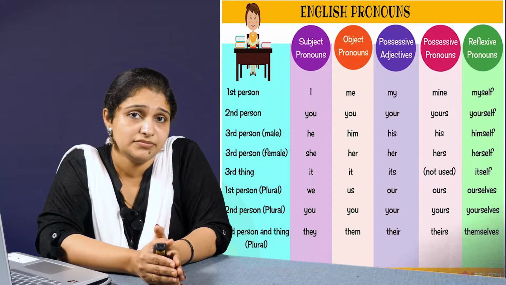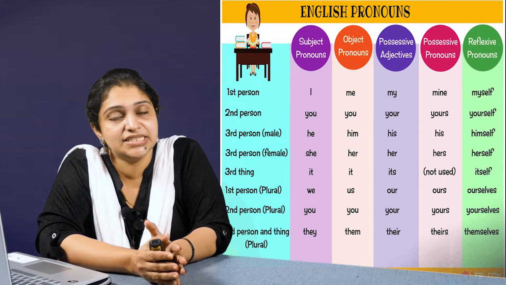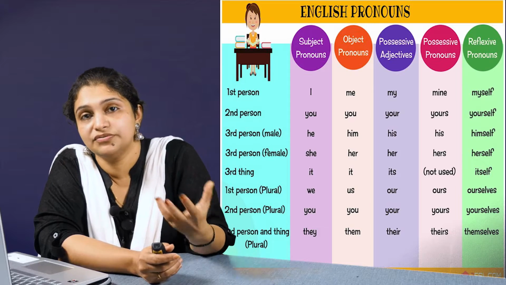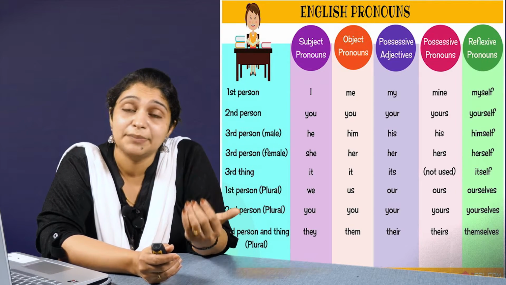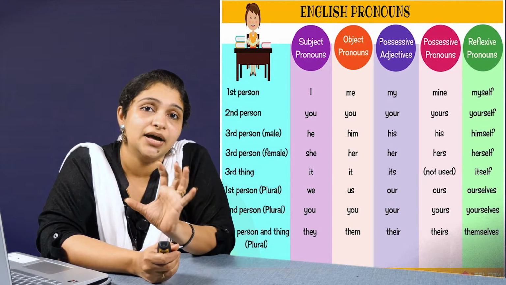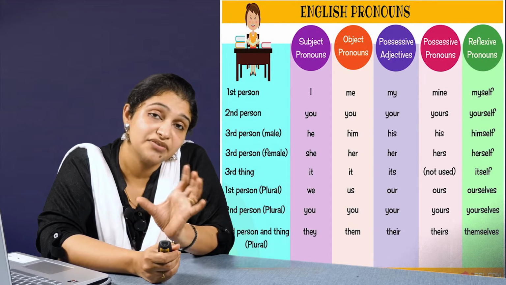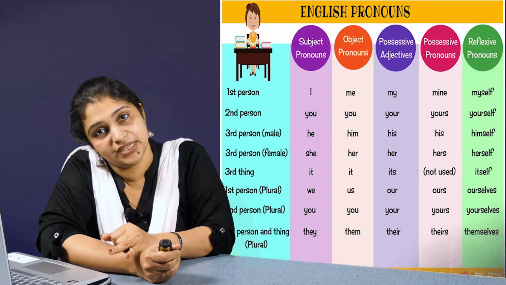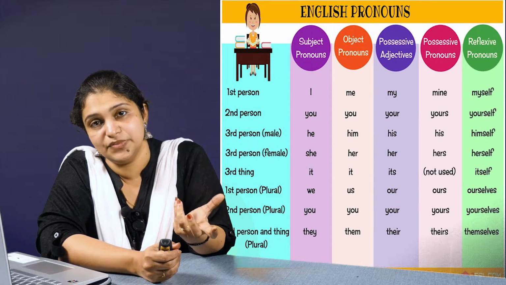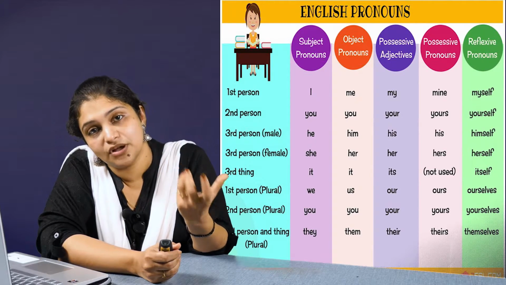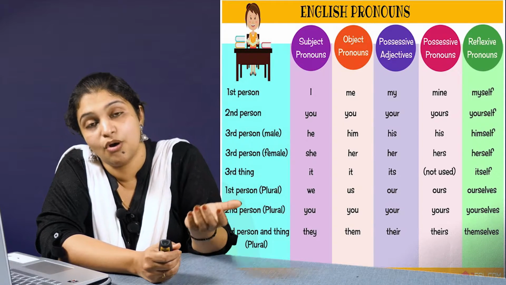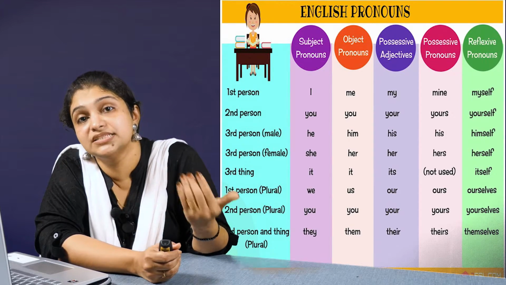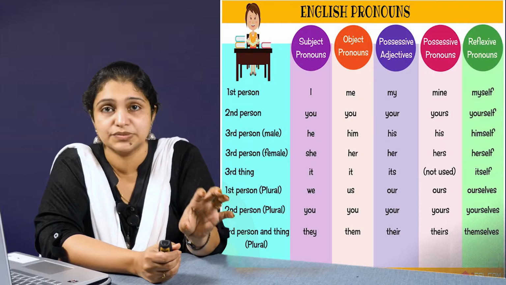As you all know, every sentence, and we shall have a closer look at sentence structure in our upcoming video lessons, is made up of two parts, subject and predicate. The dominant person, thing, or content who is doing the action or upon whom the action is being done is the subject, of course.